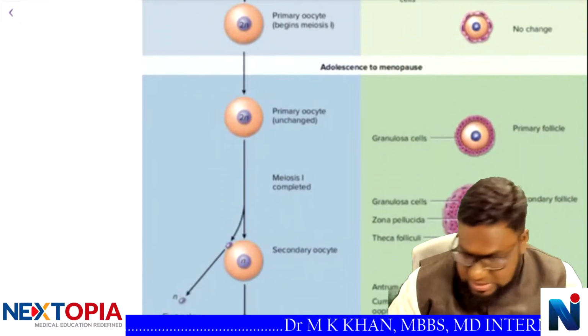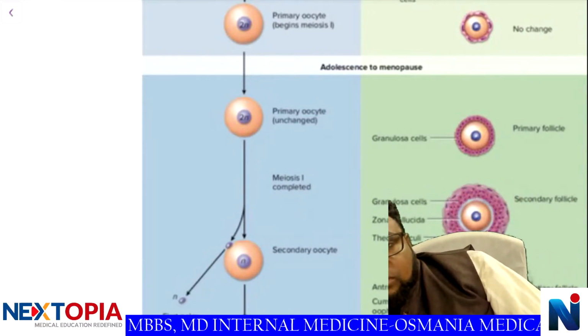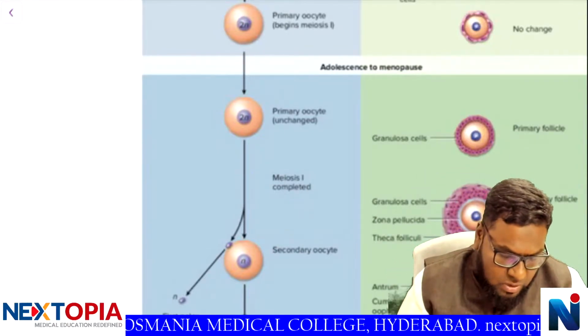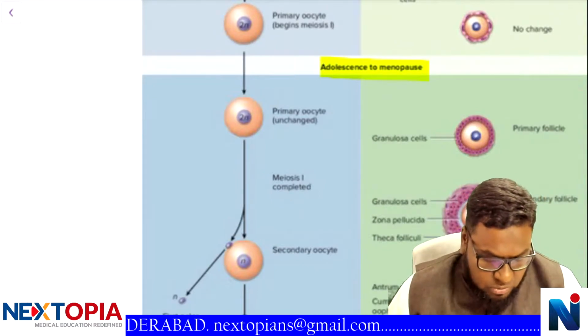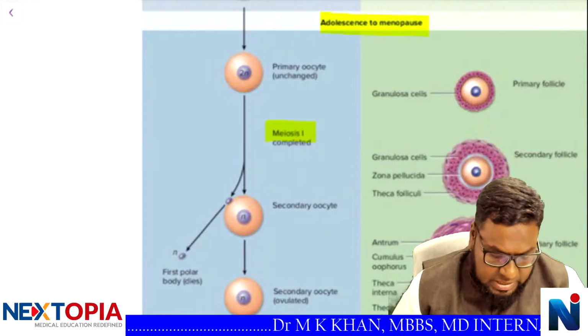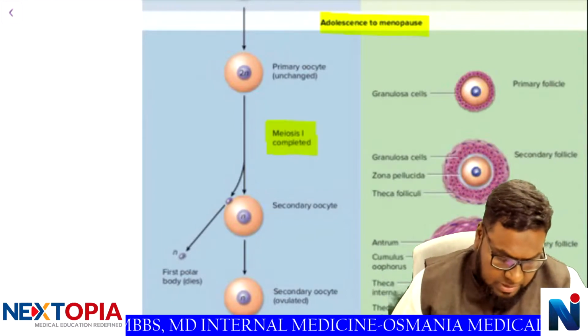After that, at the time of adolescence or menopause, the primary oocyte, whose meiosis was arrested, completes its meiosis. It forms what is known as the secondary oocyte.